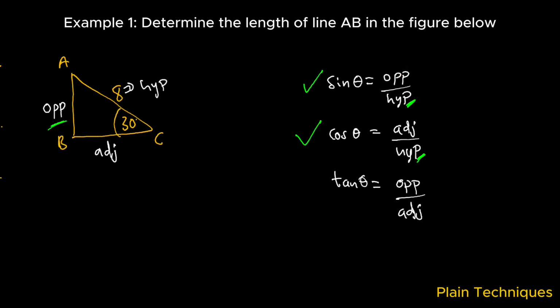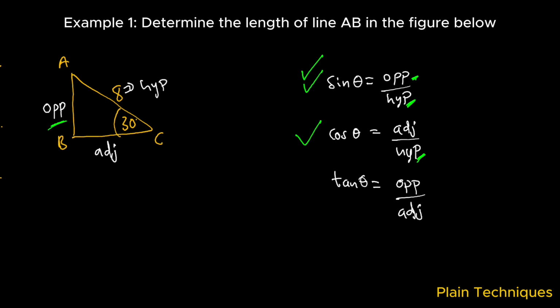This has the opposite, right? That means we are indeed using that ratio. This is the ratio that we are going to use because it contains all the parameters that we are interested in and that will help us to calculate the missing side. All right, so I'm going to go ahead and put it down right here.